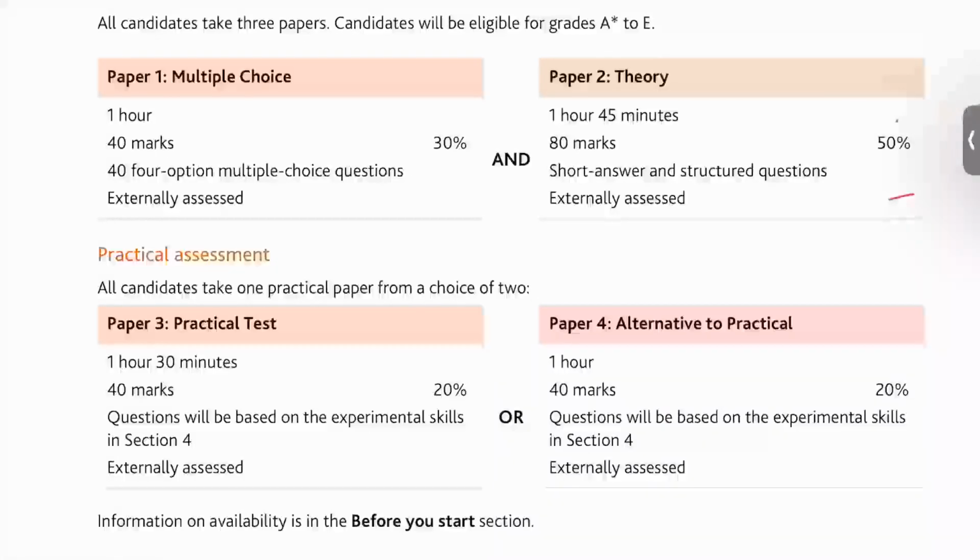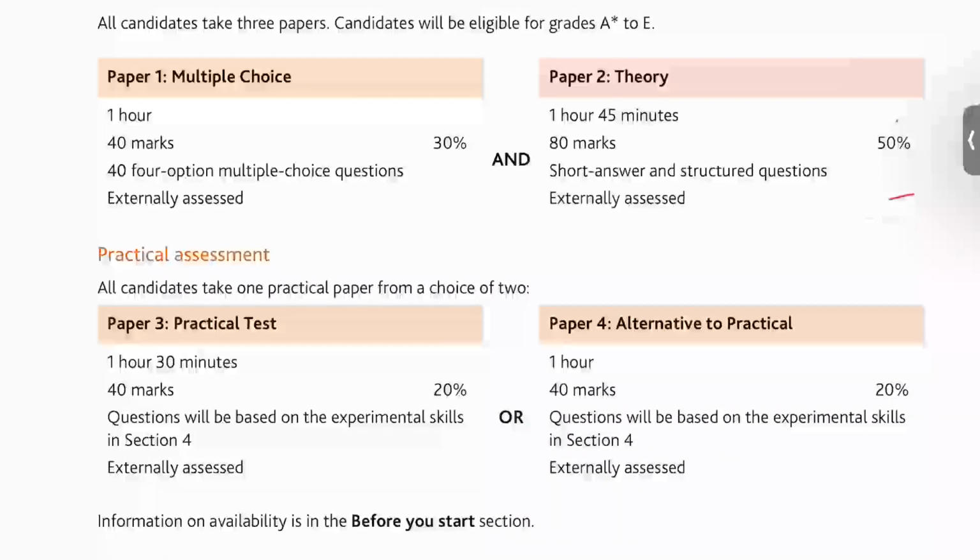1 hour 45 minutes is how many minutes in total? 60 plus 45, 105, right? For 80 marks, you have 105 minutes. That means for 1 mark, how many minutes do you have? About 1.3 minutes. That is about 1 minute and 20 seconds.